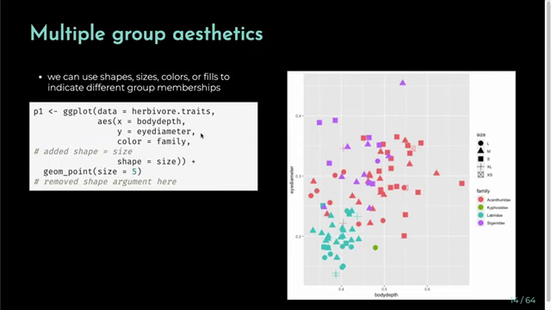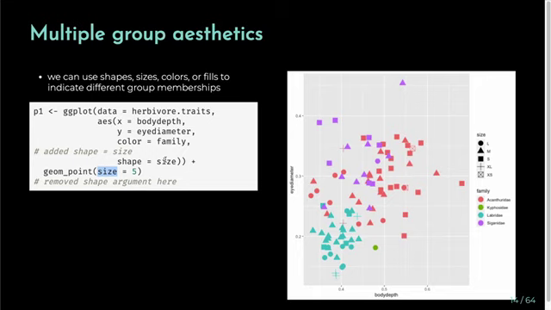We can also do that with multiple options. So we have shapes, sizes, colors, or fills. Fills and colors are somewhat different. We'll get to that later. But what we're doing here is we're also specifying the shape to be a different variable in the data set. Actually, this is kind of confusing here because there's a column in there called size, and then I realized that we have size down here.